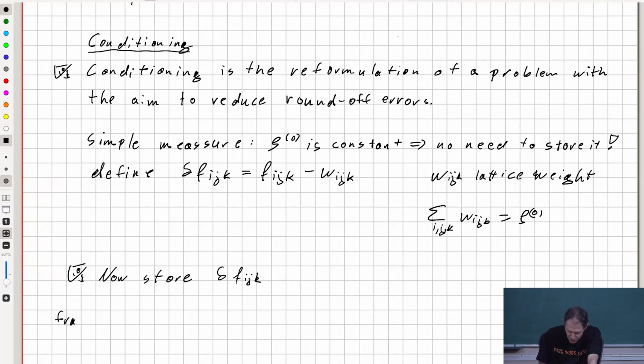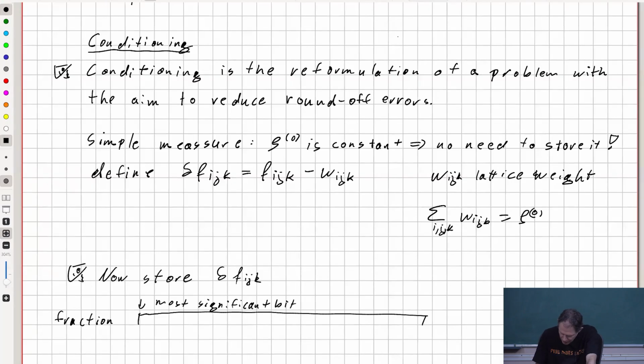You look at the fraction, again with the most significant bit here in the beginning and the least significant bit in the end here.